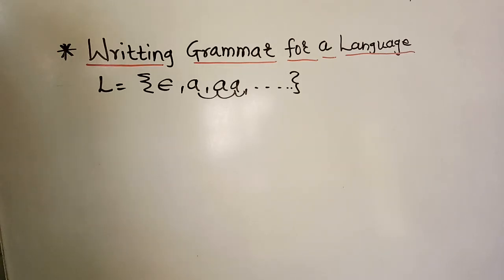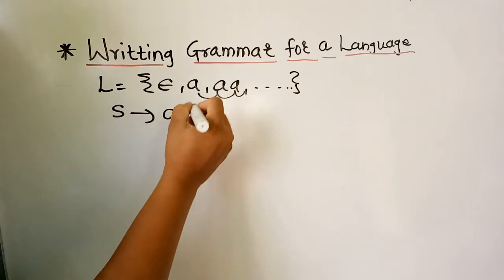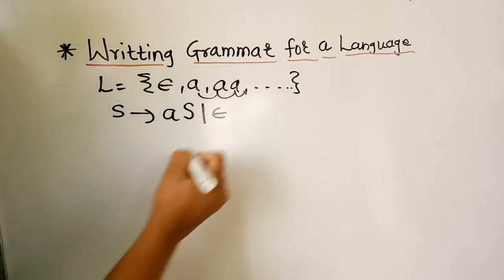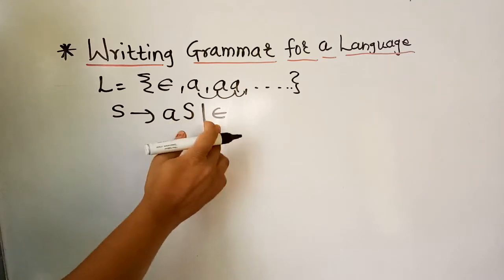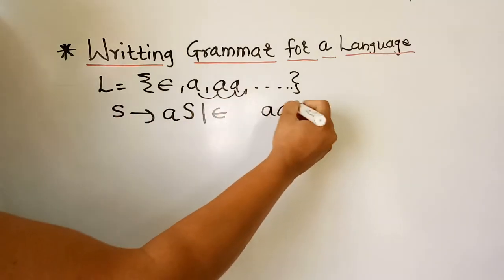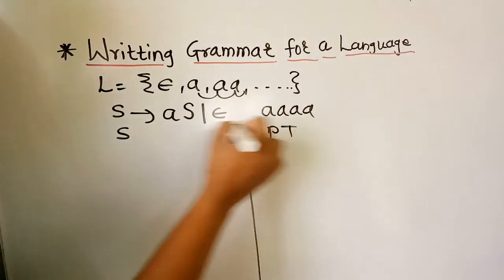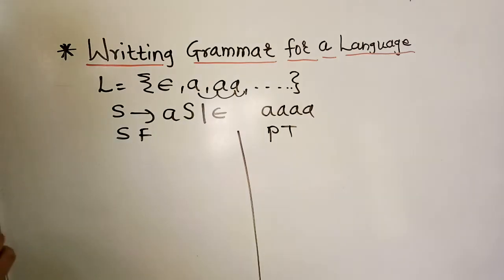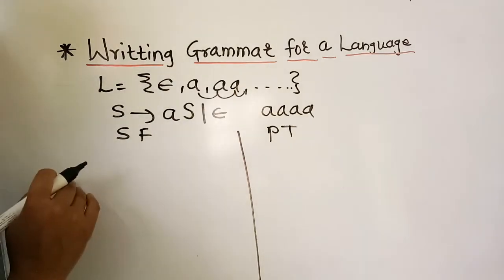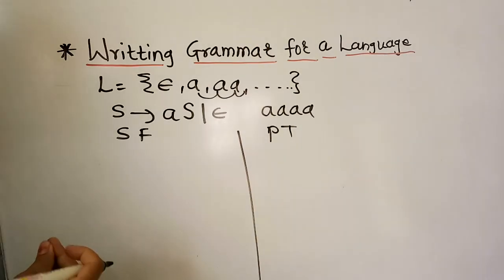For example, we will try to solve this using the sentential and parse form. For this language, we have created the grammar S gives AS or epsilon. And for generating the string of four A's, we will use both the sentential form and the parse tree form. For the sentential form, we have seen how to generate a string from a grammar.